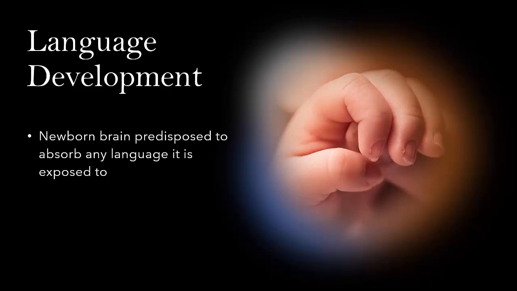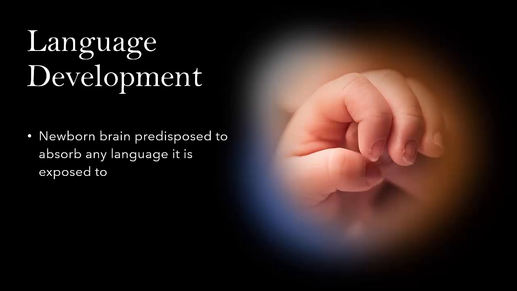So one thing to know, first of all, about human language development is that the newborn brain is formed to be predisposed to absorb any language that it's exposed to. So we're going to talk in a minute about animals' language abilities. One of the things we know about humans is our brains are just born to soak up this linguistic information. One important thing I want to emphasize is that it doesn't matter the genetic ethnicity of a baby.